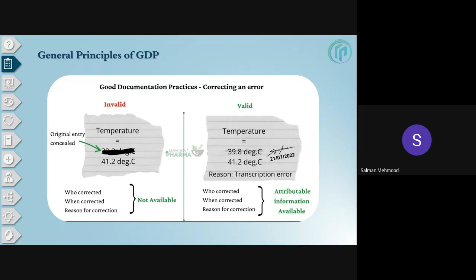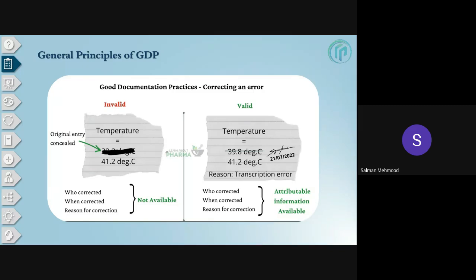As you have seen in this particular image, the valid and invalid, what's the difference between these? On the left side, you cannot see the wrong entry, but on the right side, you can see the wrong entry, and the person has marked a line over it and written the correct entry under that, and he signed, dated, and mentioned the reason.